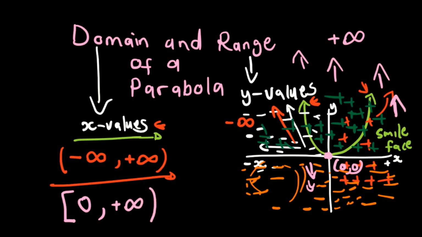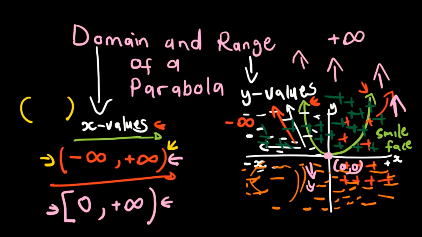You might be asking yourself, why did I use these types of brackets here? The reason I used these ones here is that we don't know where the graph ends or begins, right? So you need to use this smooth bracket, as I call it.